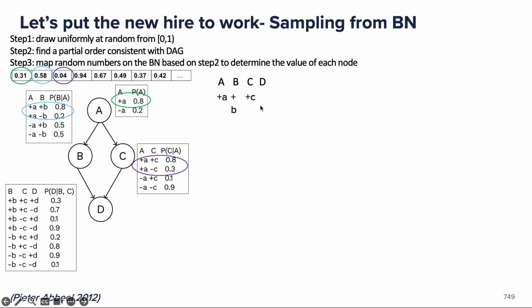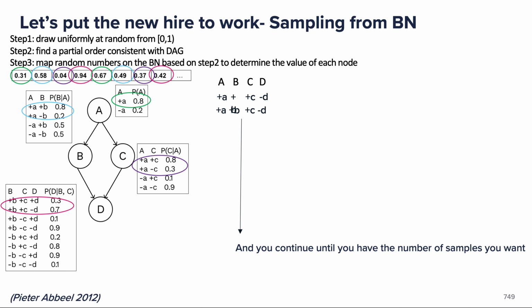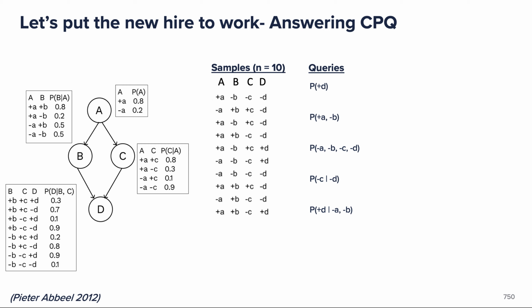The value of C will be plus C, and then D, and then you can continue to do the same thing until you have the number of samples that you want.